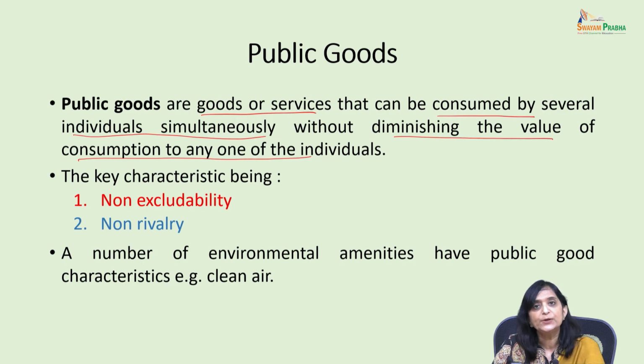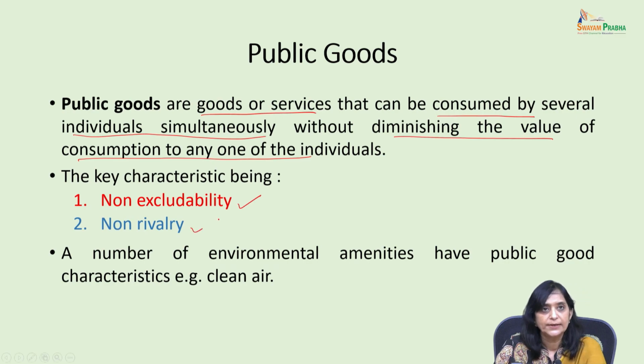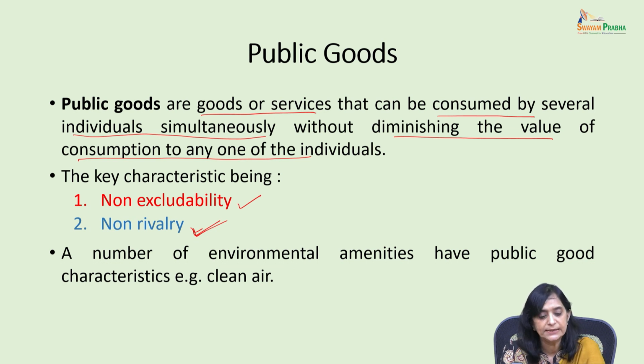This means that when we are talking about a pure public good, the two main characteristics are that these goods are non-excludable and non-rival. Their availability does not reduce if many people are consuming them simultaneously, and neither can we exclude certain people who may be paying less for it, or not paying for it, from enjoying the benefits of these goods.